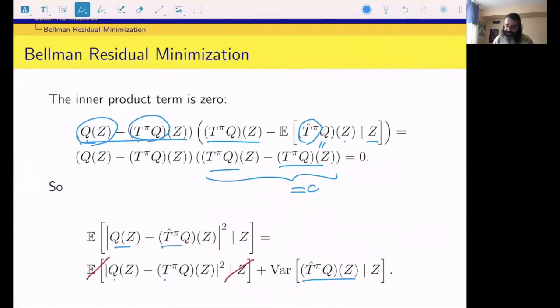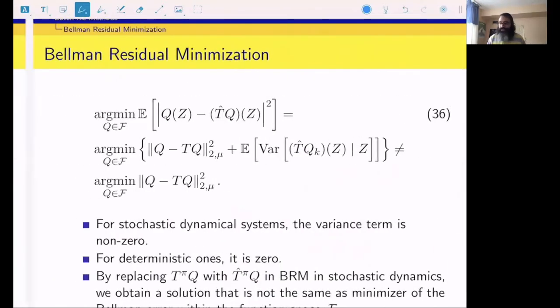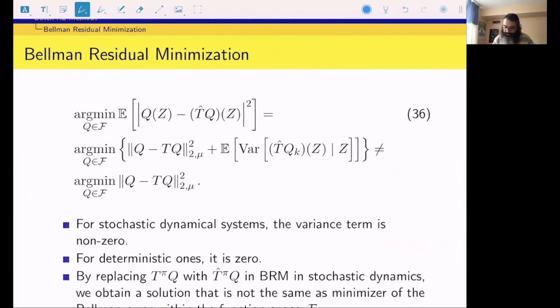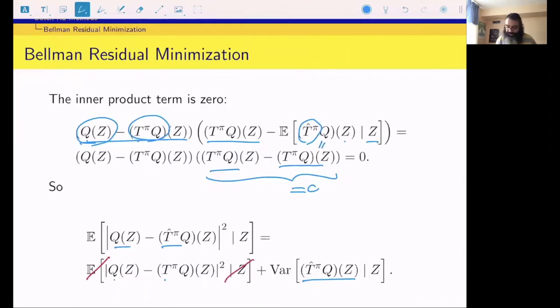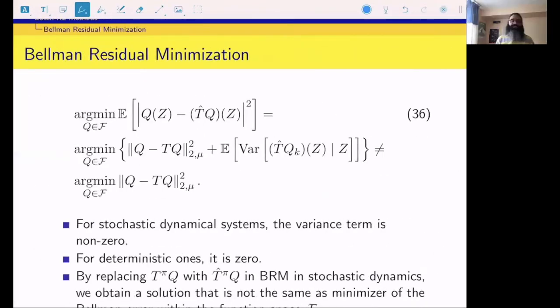So, but let's see how it looks. So this was essentially the objective at one single z. If you take the integral over all the z's, what we get is essentially the loss function that we care about. Here this expectation is over z's, over state actions, according to some distribution, maybe distribution mu, and we are trying to minimize it.